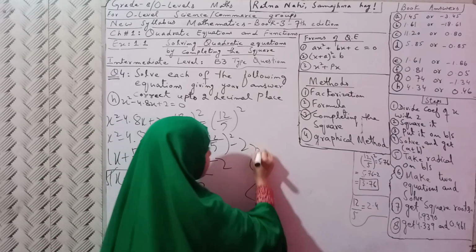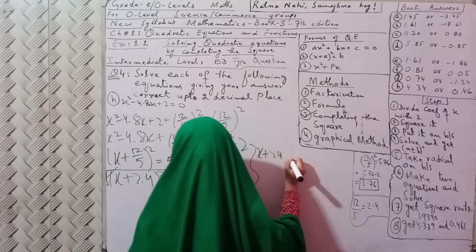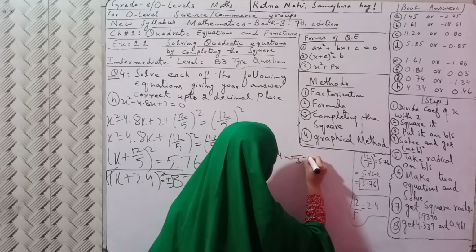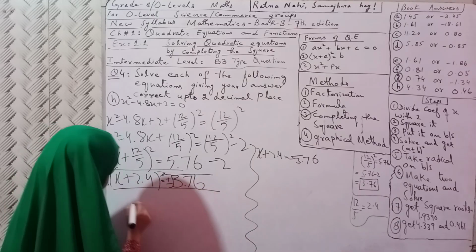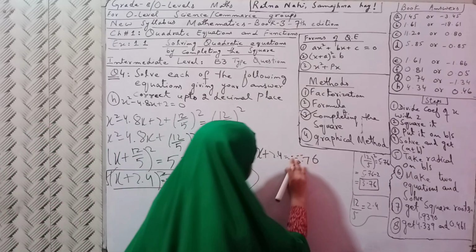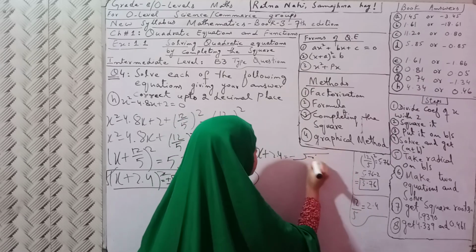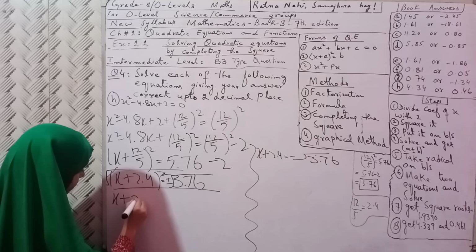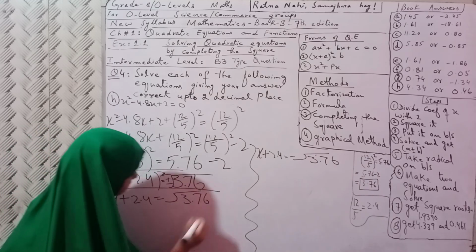So here will come x plus 2.4 is equal to radical 3.76, minus radical 3.76. x plus 2.4 is equal to radical 3.76.